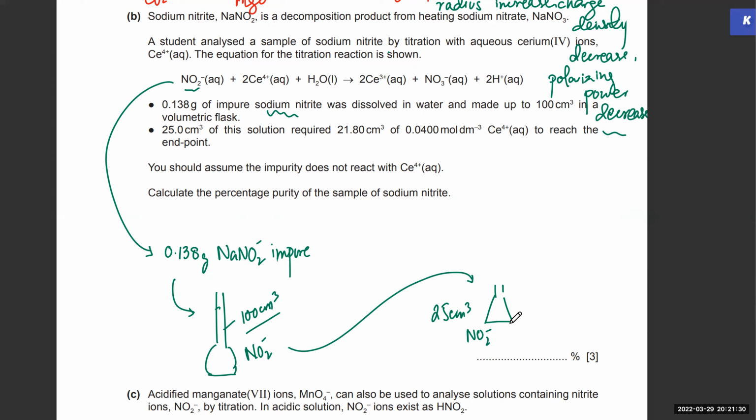It's titrated with Ce4+ ions. So Ce4+ ions are falling from the top from a burette. The volume is given and the concentration is given, so you can figure out moles. If you know the volume and concentration, moles is concentration times volume.